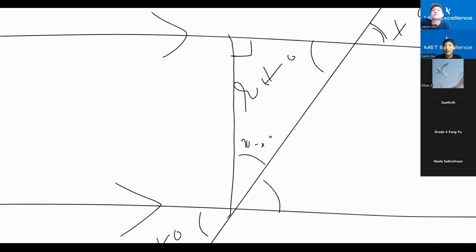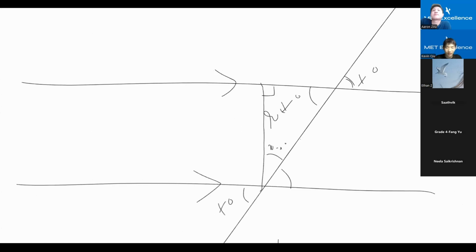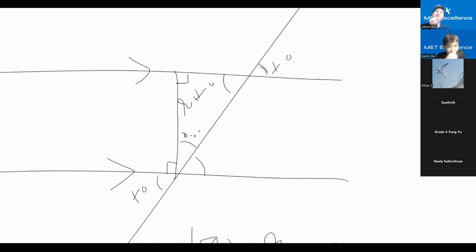And we also know that, wait, this is actually a really annoying proof without citing itself. Okay, we'll just take it for granted that this is also 90 degrees. But yeah, this is a property of parallel lines.